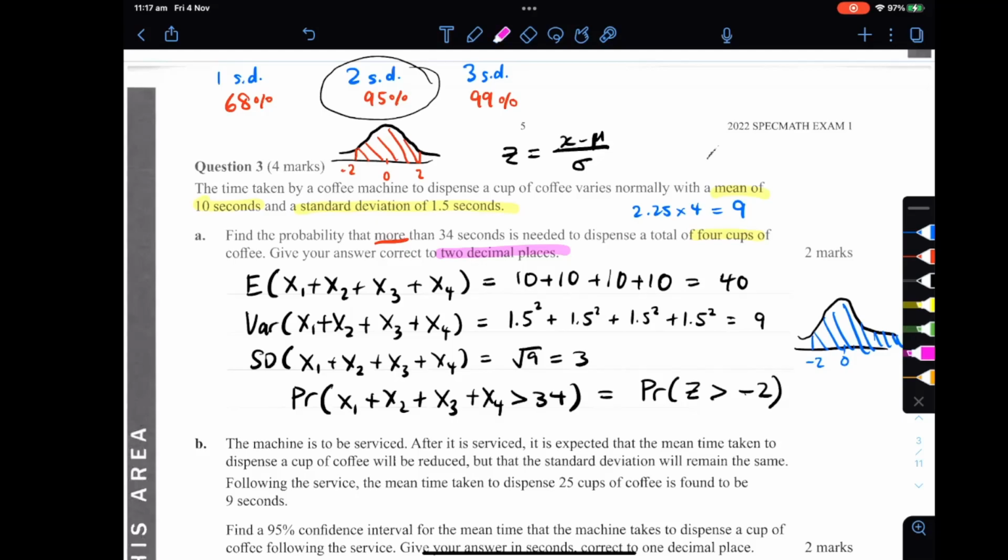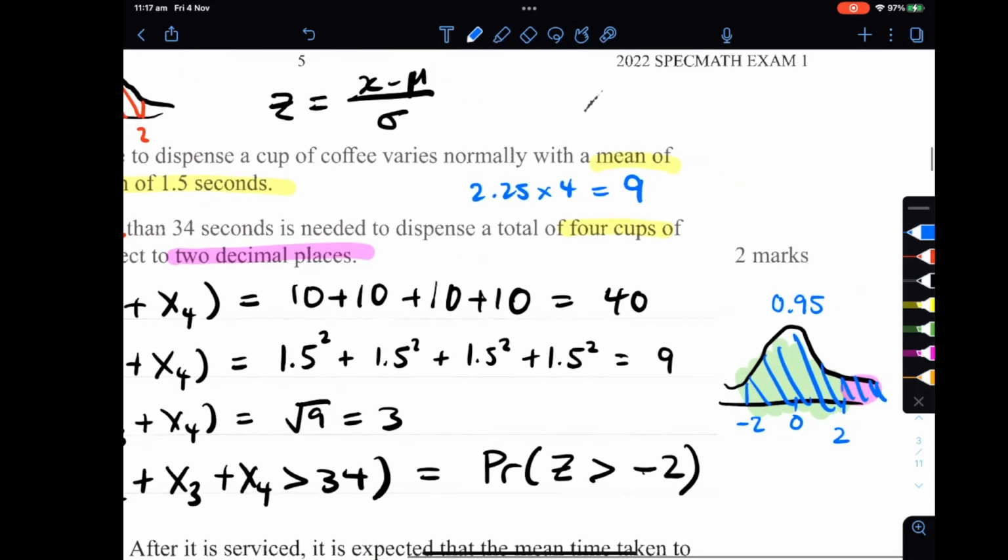So if I were to highlight it, this area is going to be 0.95, and then this area here is going to be 0.05 over 2, so we get 0.025.